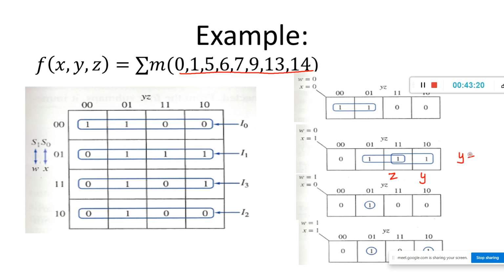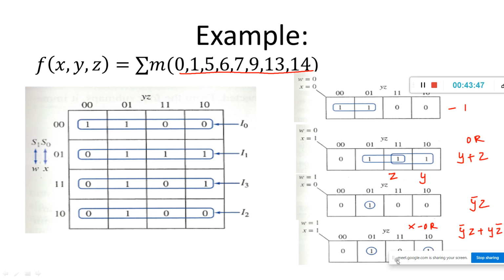Y. So this is Y plus Z. Here we get 1. Here we get Y bar Z. Here we get Y bar Z plus Y Z bar. This is simple XOR gate. This is an OR gate. So 1, Y plus Z, Y bar Z, Y bar Z plus Y Z bar.